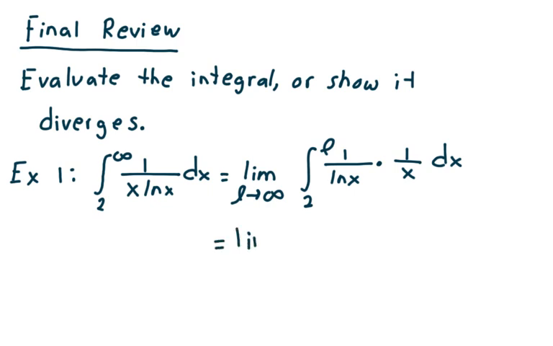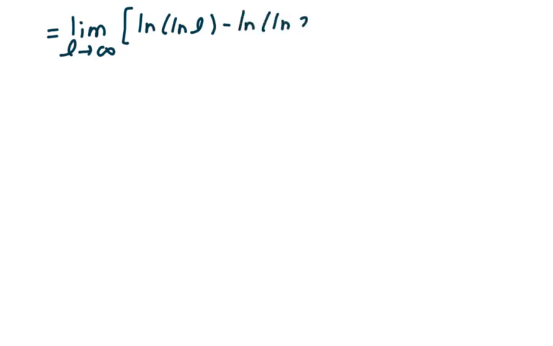So this is the limit as L approaches infinity of, I get natural log of x evaluated from 2 to L. So this is the limit as L goes to infinity of natural log of L minus natural log of 2.